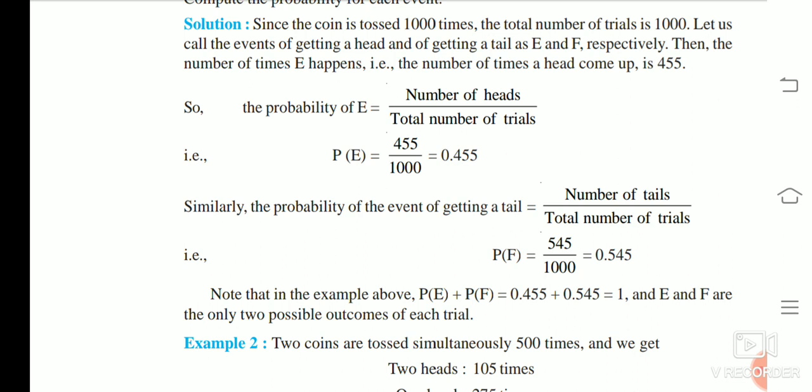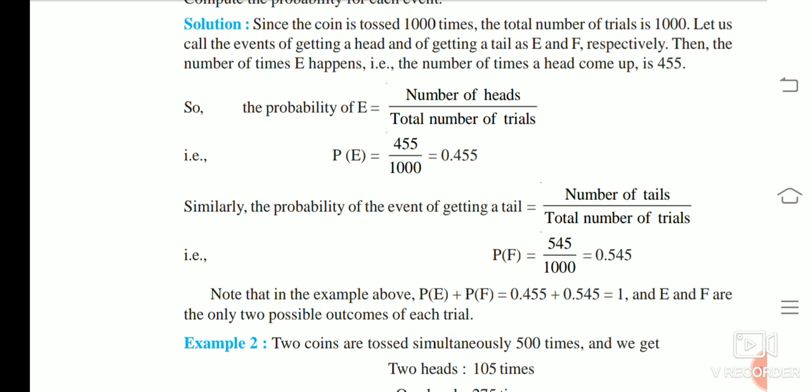So what things can you analyze? First important point: probability answers are always at most 1, that is, the maximum value is 1, right? If you are getting no success, the numerator is nothing, so nothing means 0, and 0 by anything is 0, so minimum probability is 0, maximum probability is 1.